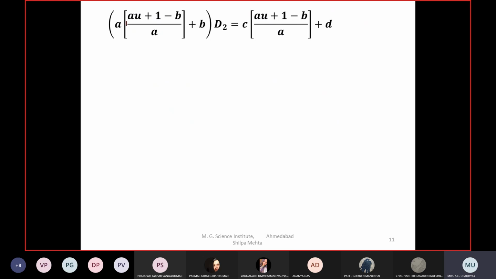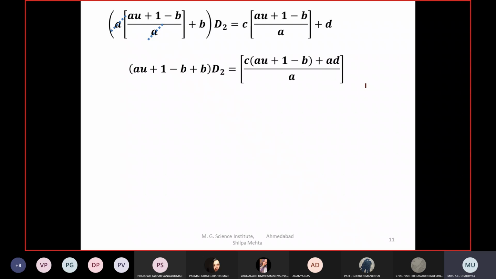Here the a in the numerator and the a in the denominator cancel out. We simplify this again, with a multiplied with d. On the left-hand side, with a cancelled out, our term is (au plus 1 minus b plus b) into d2, which is equal to c multiplied with the bracket (au plus 1 minus b), and a multiplied with d, so plus ad, divided by a.